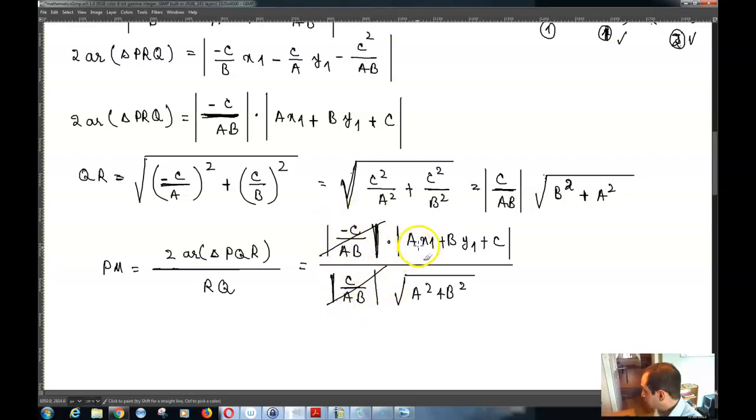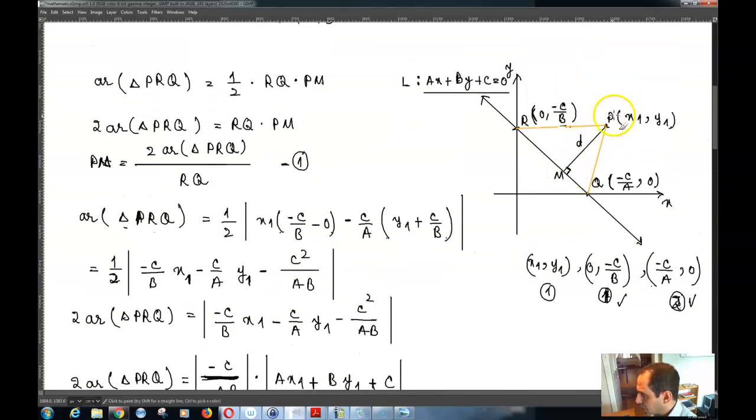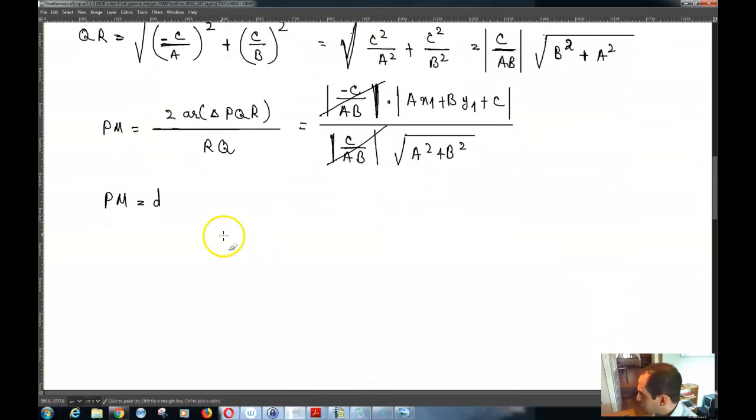So that means that your PM, which is basically D, this distance over here, the perpendicular distance from this point to this line, is equal to the absolute value of Ax1 plus By1 plus C over the square root of a squared plus b squared.